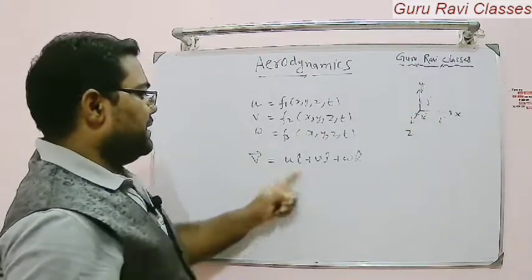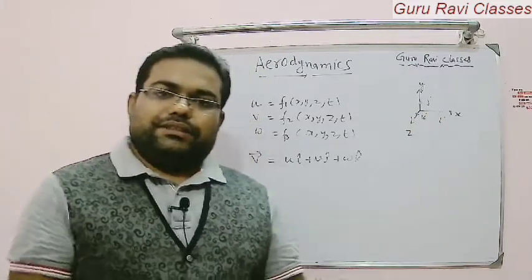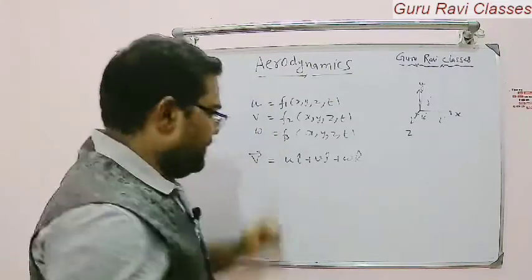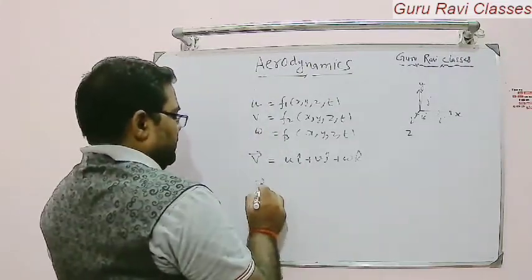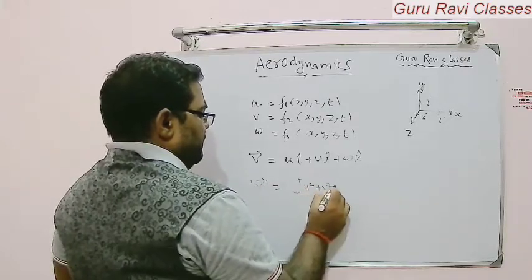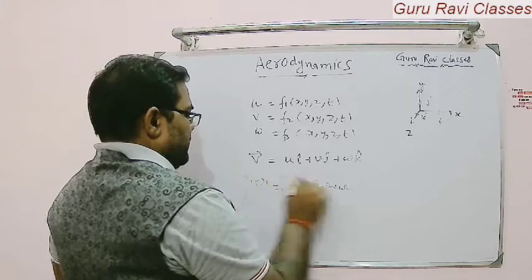These are the vectors. This is the resultant velocity vector. If somebody asks you what the magnitude of it is, you can say the magnitude of the resultant velocity is nothing but the square root of u squared, v squared, and w squared.